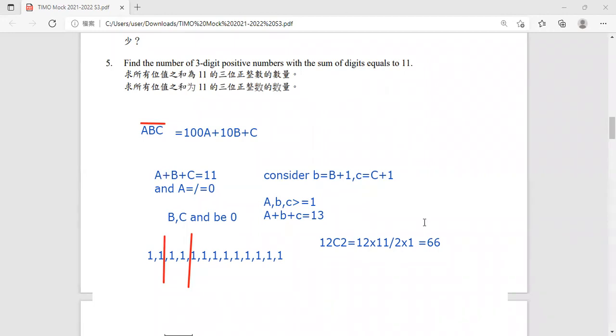Please bear in mind that if you have a 0, you cannot use this method. You have to make each part at least 1.